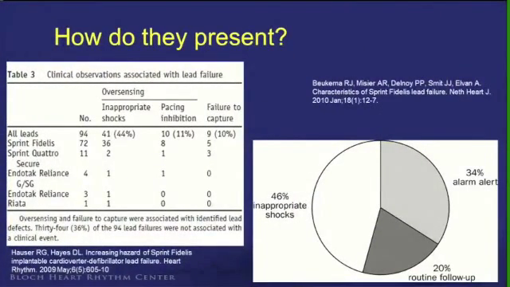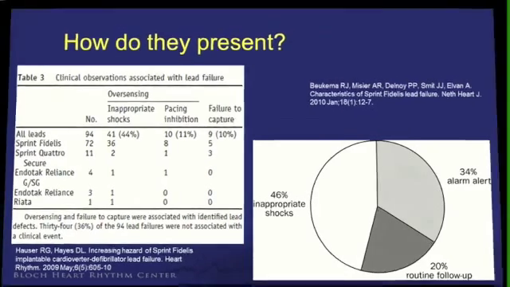How do they present? Again, we'll talk about the management, but in the earlier presentations, 50% of them were having inappropriate shocks. That is because of short VB intervals, because of the fracture of the proximal pace conductor. And some of them were picked up by routine follow-up.